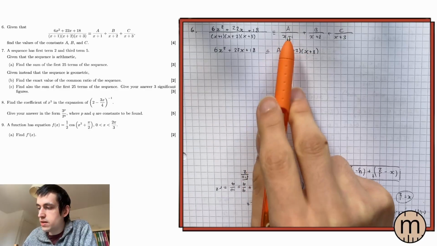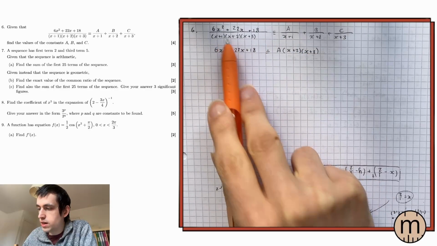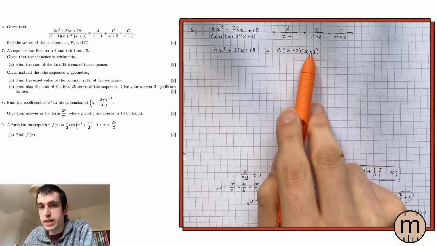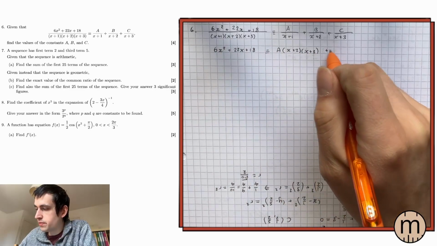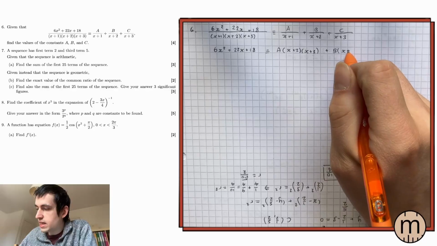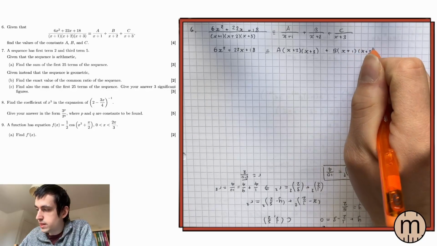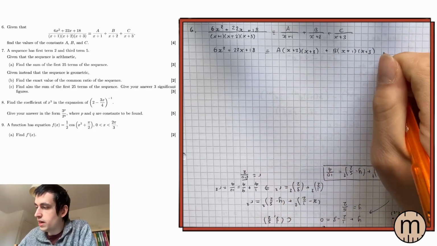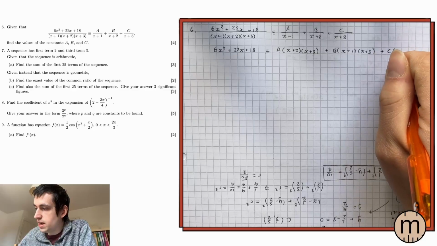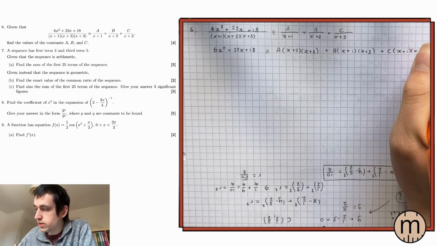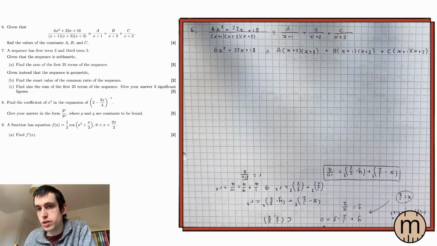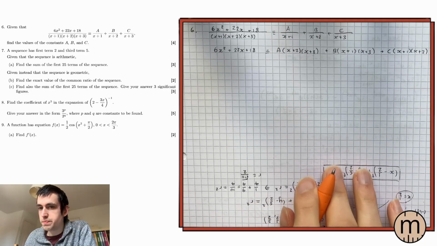So for A, the x plus 1s are going to cancel out, and you're going to be left with the other two brackets, x plus 2 and x plus 3. For B, the x plus 2 will cancel out, and you'll be left with x plus 1 and x plus 3. And then finally for C, the x plus 3 will cancel out, and you'll be left with x plus 1 and x plus 2. So it looks a bit nicer because now there's no fractions to deal with.